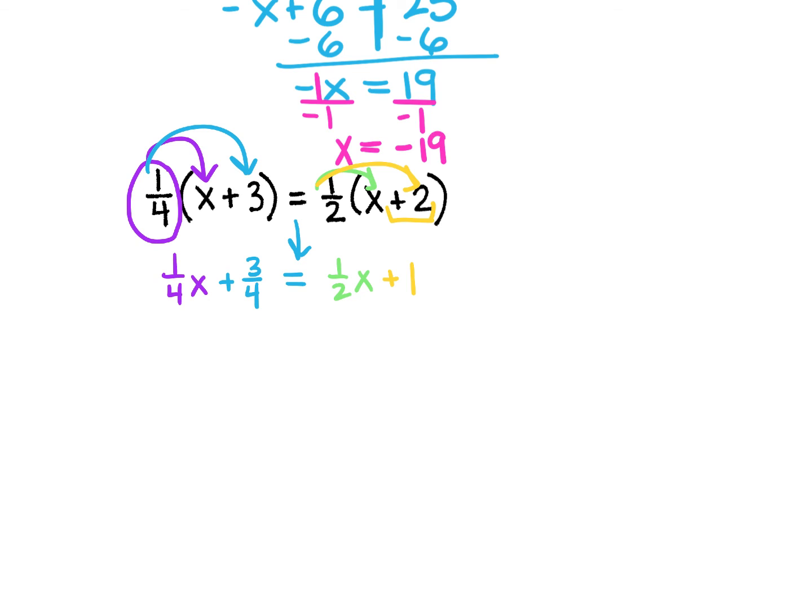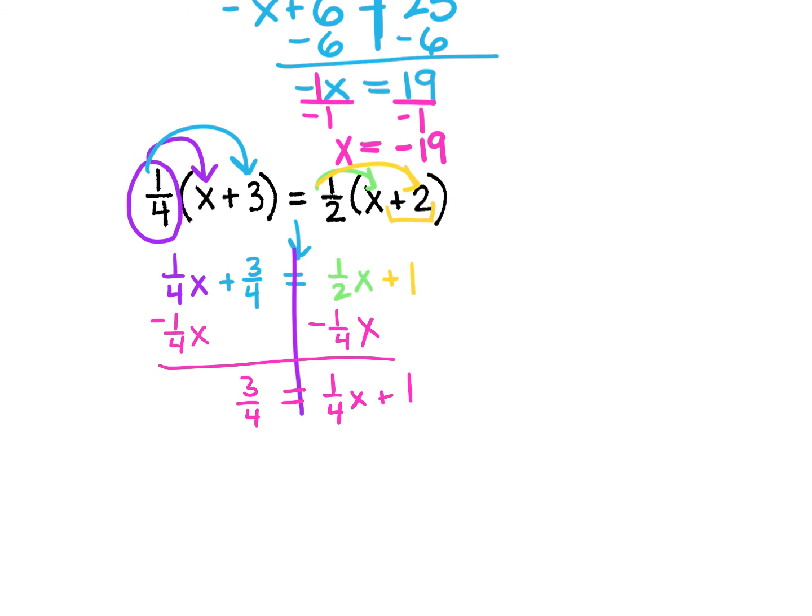And now we have our equation. For this one, we have an x or variable on both sides of the equation. Since the 1/4 x is the smaller of the two, that's where I'm going to start. I'm going to subtract 1/4 x from both sides. That's going to give me 3/4 equals 1/2 minus 1/4 is 1/4 x plus 1.